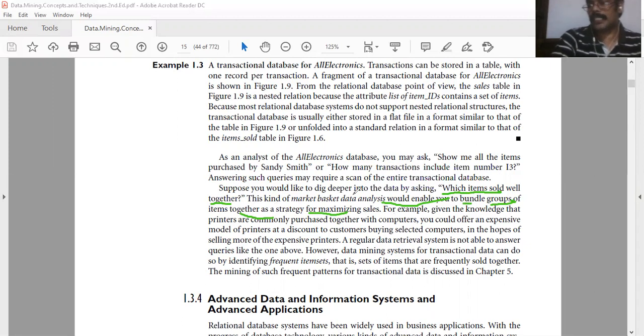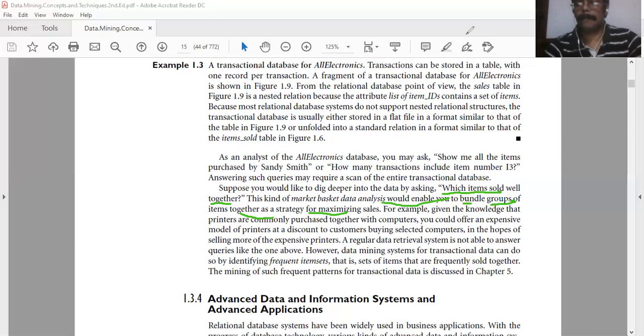The items sold well together are put as a group, so the customer can buy these things easily and the sales increase.